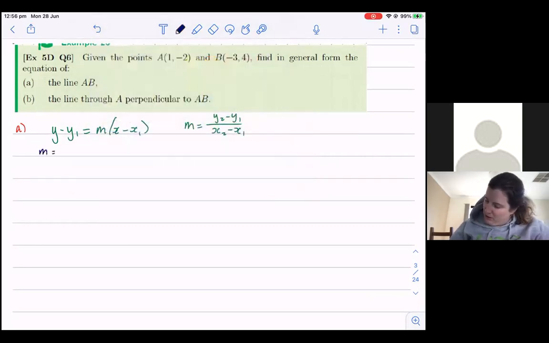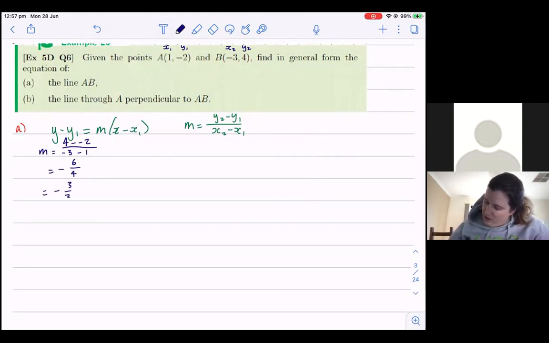So for us, m is going to be, it doesn't matter which order we do these, I'm going to do x1, y1, x2, y2. So for me, I'm going to have 4 take -2 over -3 take 1. So I've got 6 over -4, which gives me -3 on 2. That's my gradient.